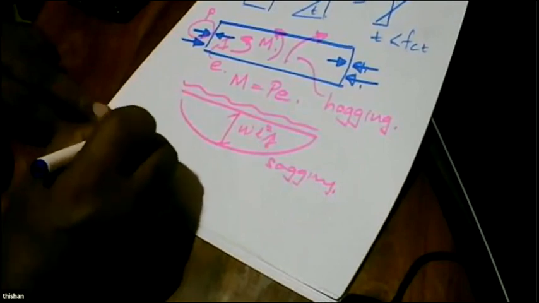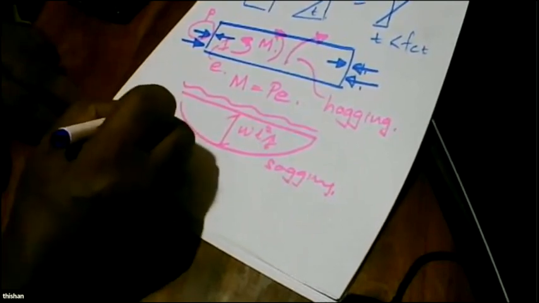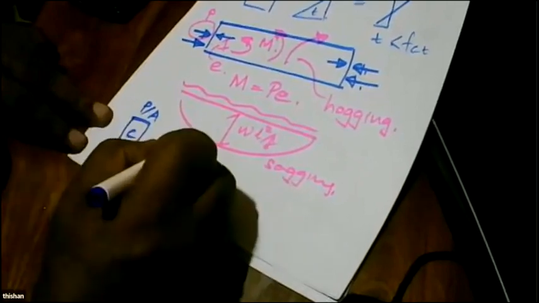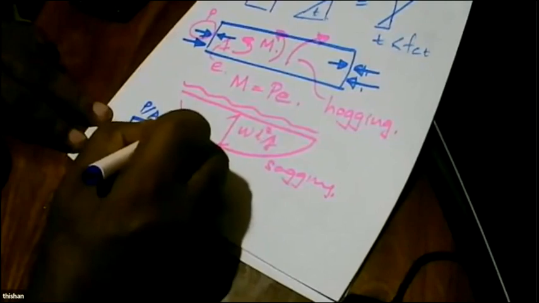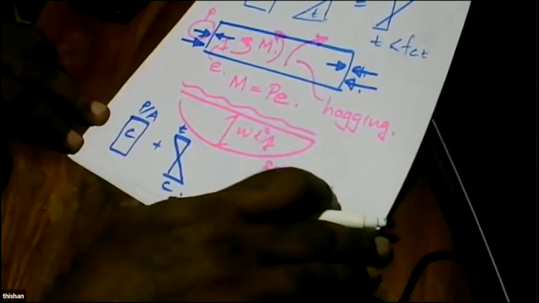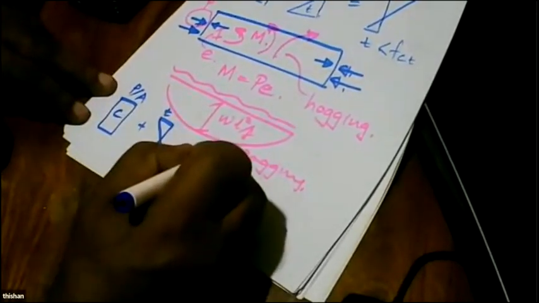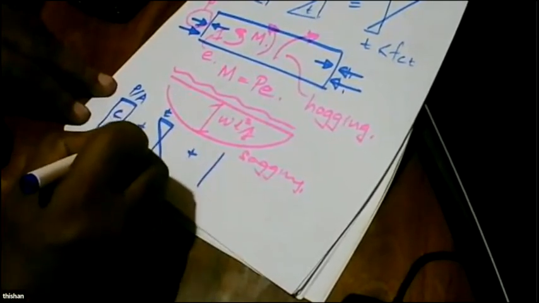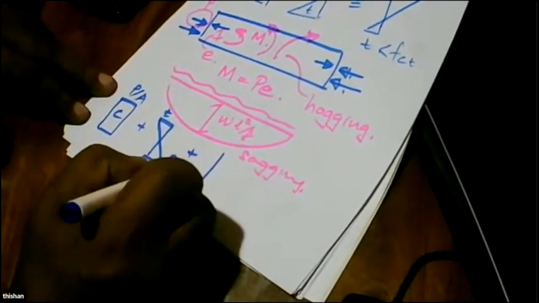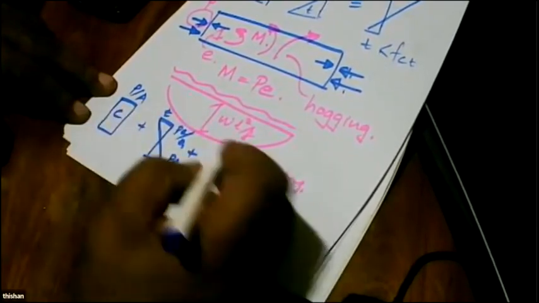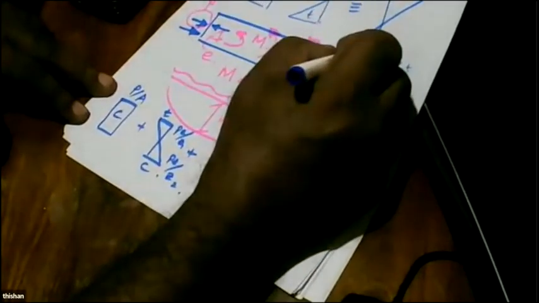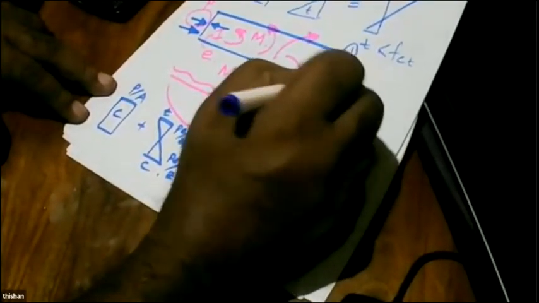Now we can actually create a much more advantageous position where we go for P over A here, plus compression, and we can create further compression, tension. Compression is positive, so this is P over A plus P E divided by Z2, P E divided by Z1, because I am considering the top fibre as number 1, bottom fibre as number 2.